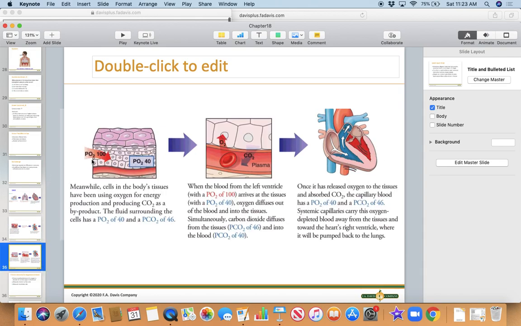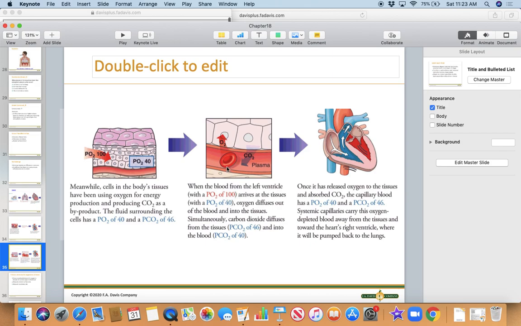So the fluid surrounding the body tissues has a PO2 of about 40 because it uses up the oxygen, and it has a PCO2 of 46, while the blood in these capillaries has a PO2 of 100 and a PCO2 of 40.